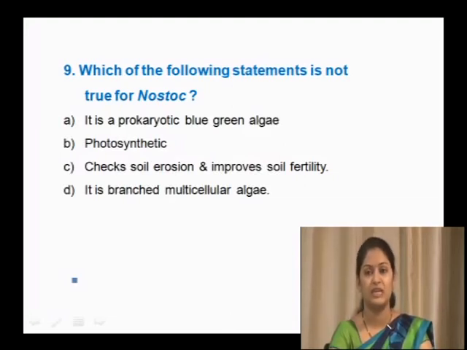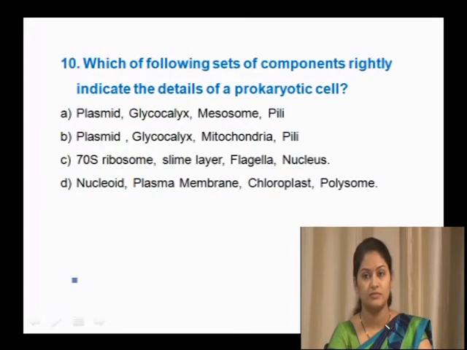The last option, D, is actually the right option. It is not a true property of nostoc because nostoc is unbranched and it is a colonial algae which lives in groups. Moving on to next question.